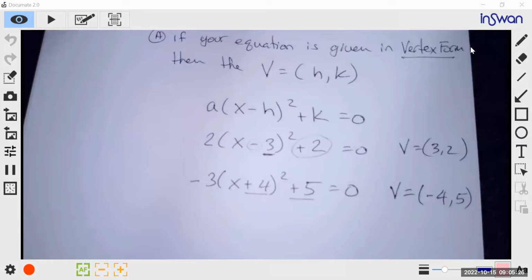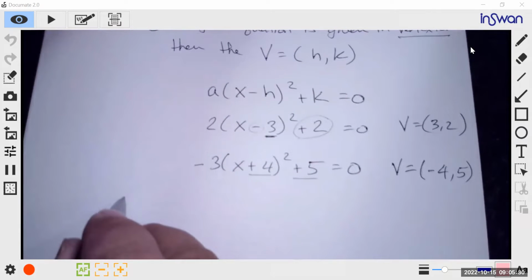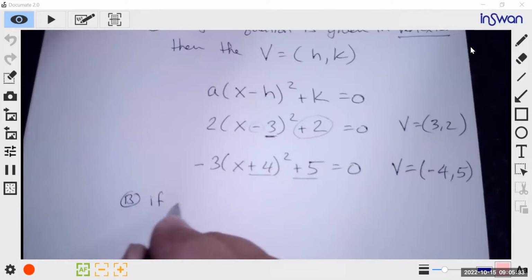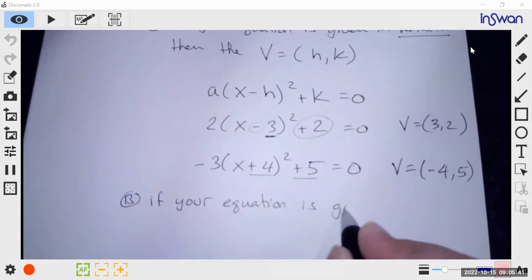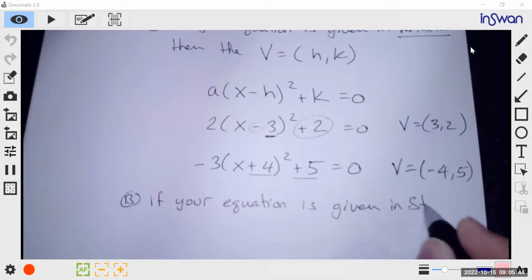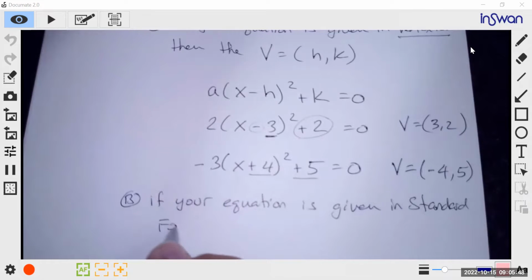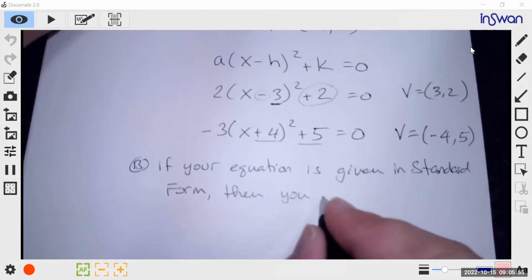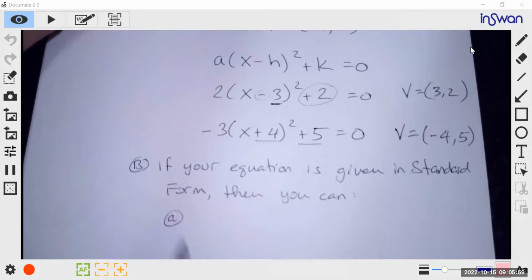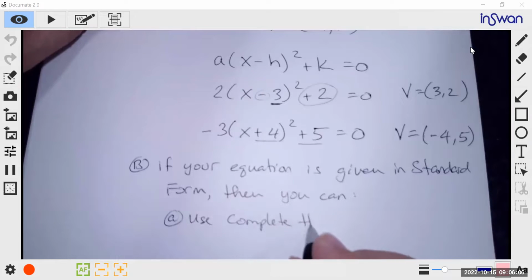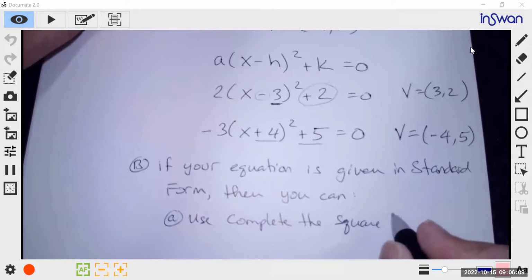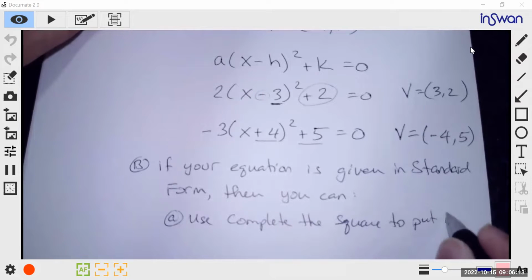If your equation is given in standard form, then you can use complete the square to put it into vertex form.